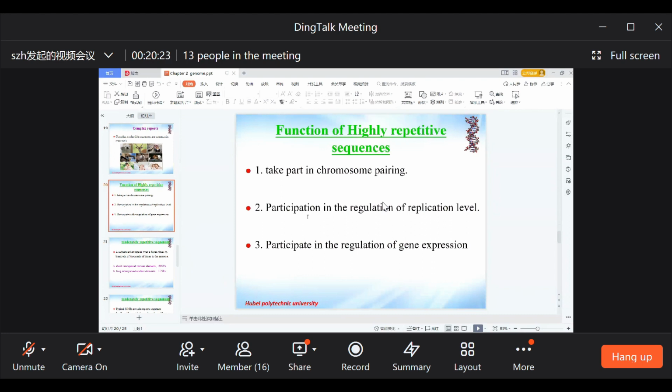Here for the highly repetitive sequence, these are the three facets of function.